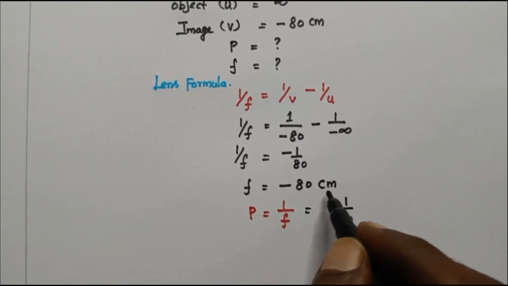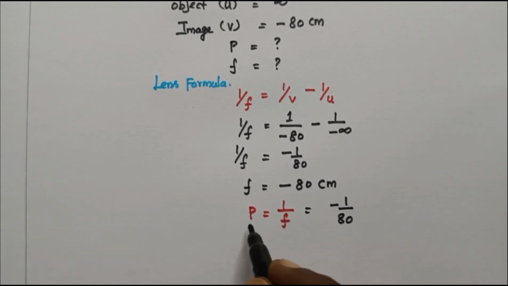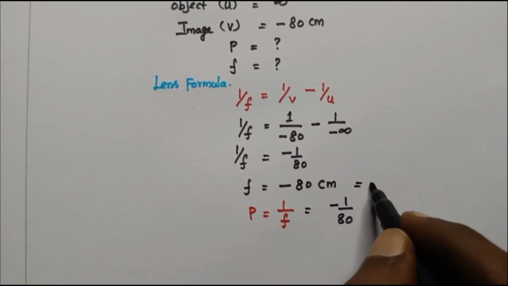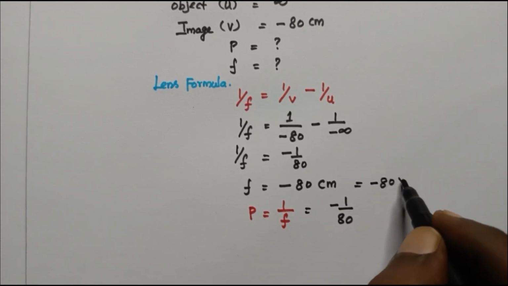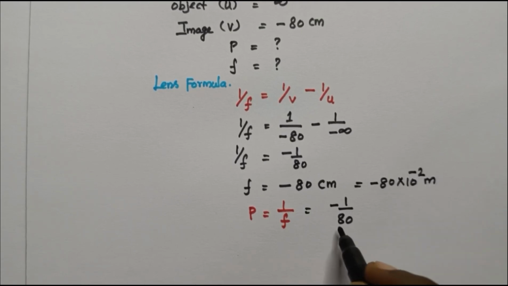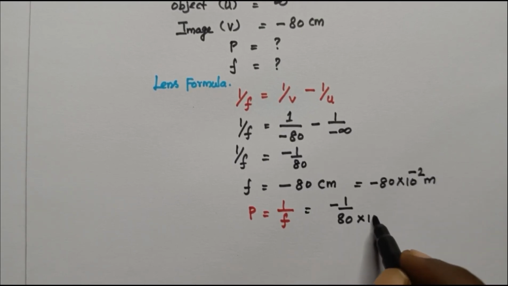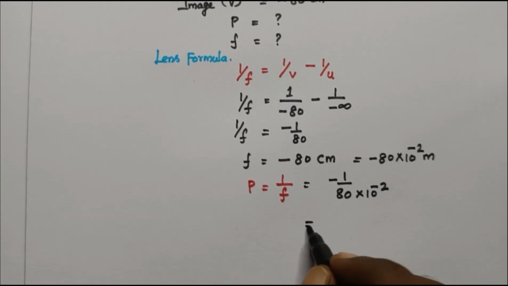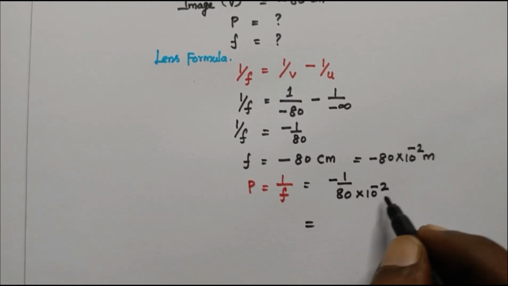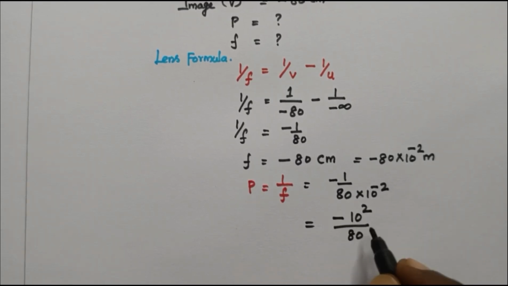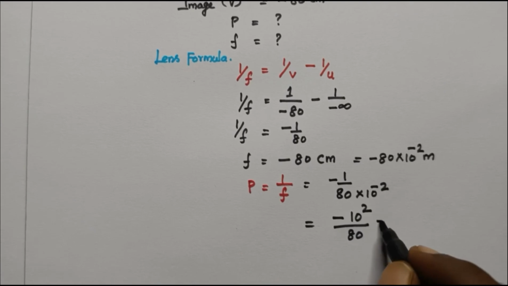If we convert the centimeter to meter, then we will get the power in diopter. So this is equal to minus 1 divided by 80 into 10 to the power minus 2 meter. The 10 to the power minus 2 will go to the numerator as 10 to the power plus 2 divided by 80. 10 to the power plus 2 is nothing but 100.